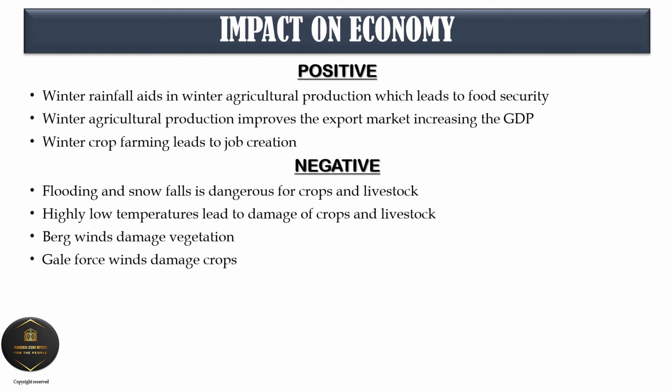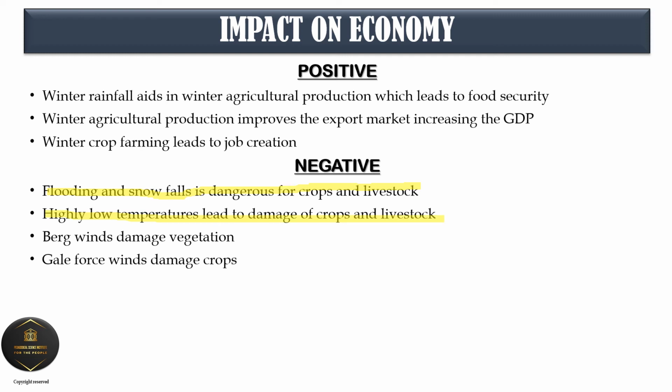Now, looking at the negative impact on the economy. Again, just to continue, we think about flooding. So flooding and snowfalls may damage crops and may lead to loss of livestock. So that's a negative. And we know that very low temperatures may damage some crops and livestock.